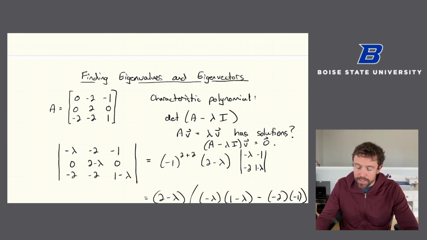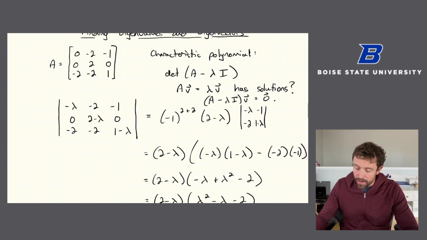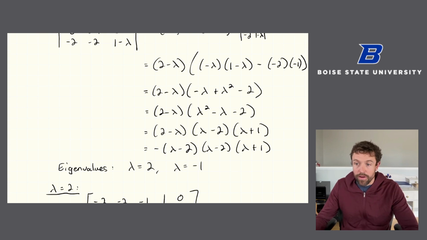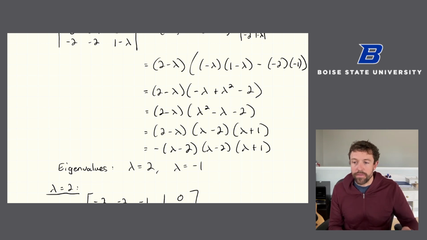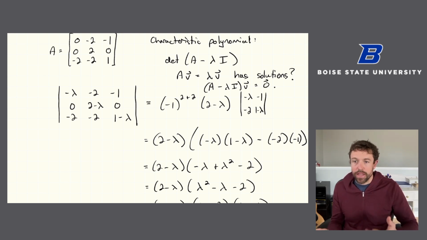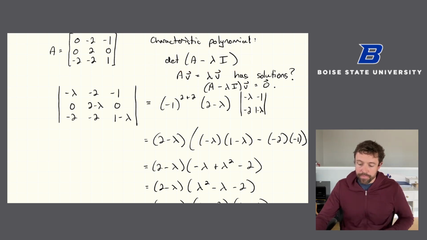So we want to know when this determinant is 0, which is why we set this up, find the characteristic polynomial, and find its roots, because that's what makes this 0. So that's why these are exactly the real eigenvalues, because the definition of an eigenvalue is that this equation has a non-trivial solution. And we rearrange that and realize, oh, we can answer that sort of question with determinants.